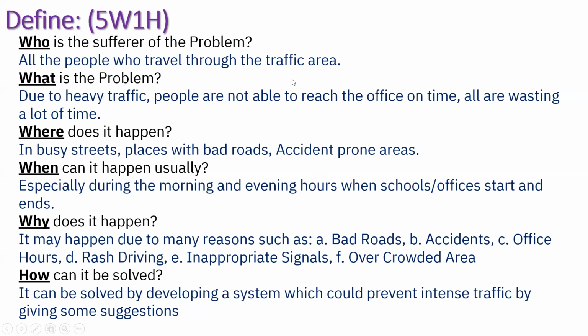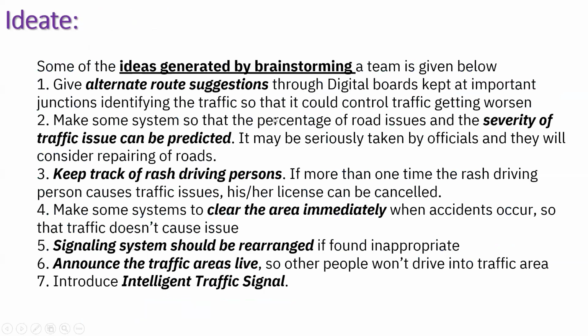Okay. Now moving further, ideate. In ideate I've tried to highlight the basic suggestions which have come up, like alternate route suggestions. Due to certain activity which may happen, there could be an airport movement. So you could predict the airport movement, there'll be traffic block, and because of that the traffic issue will be there.